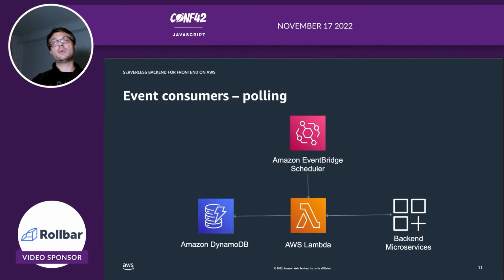The simplest way to do that is to utilize Amazon EventBridge Scheduler. With a scheduler, you can schedule producing some events, and those events will trigger a Lambda function. And again, with the scheduler, you can schedule events to run periodically, maybe each minute, each day.